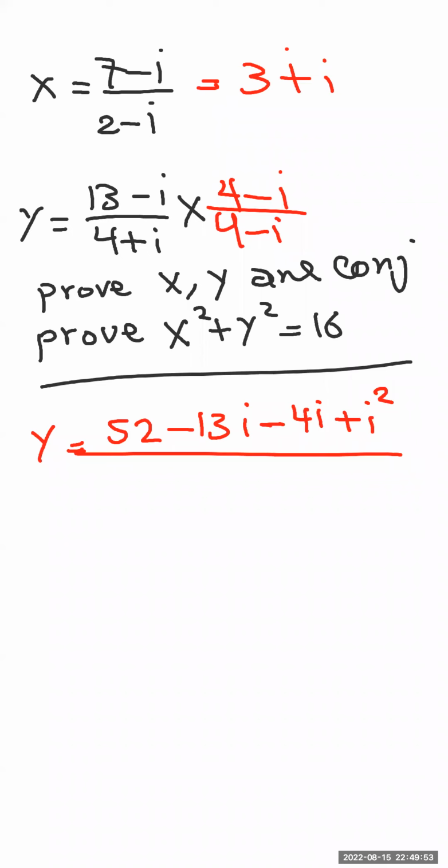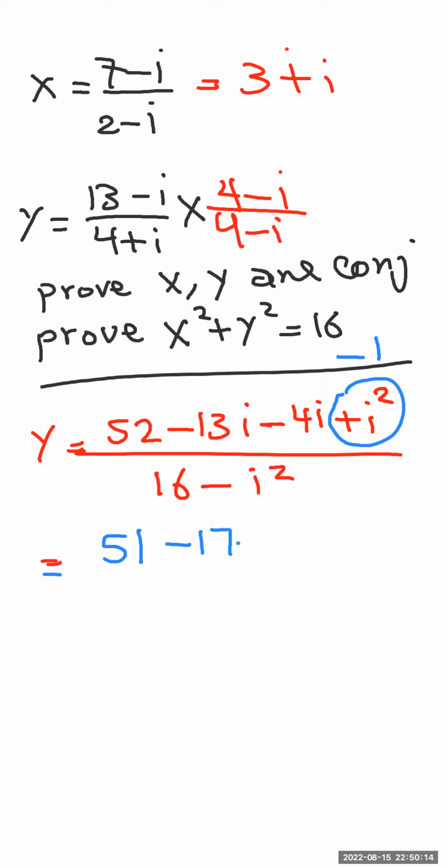We agreed that it's the difference between two squares: first squared, 16, minus second squared, i squared. So here, the last term, i squared means a negative 1. So 52 minus 1, that's 51. Negative 13, negative 4, negative 17, i, over 16 minus negative 1, which means a plus, 17.